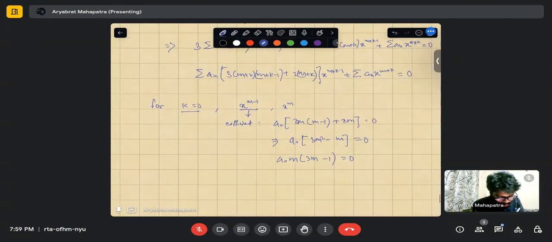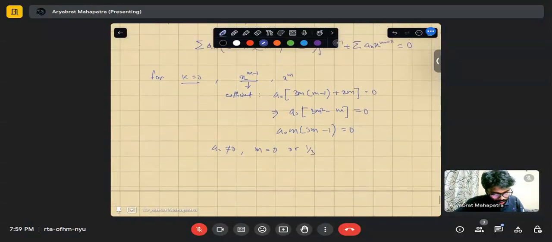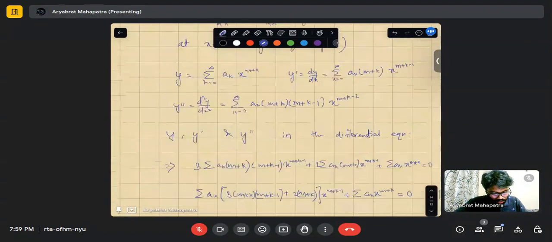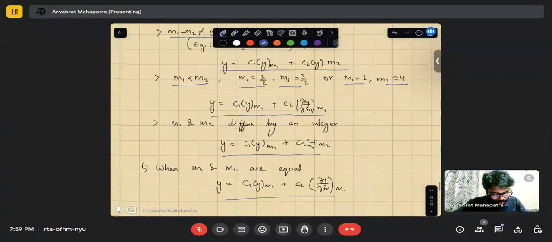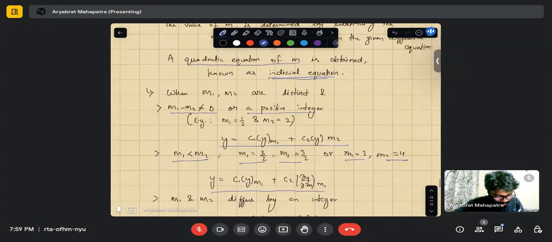So your a0 cannot be equal to 0. This means m equals to 0 or 1 by 3. So you got two different values of m, and based on these two different values of m, you will determine two solutions.